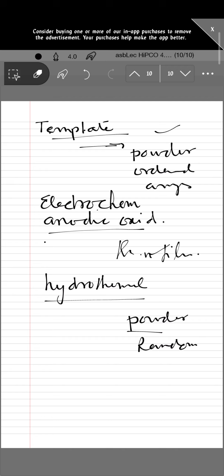Now this hydrothermal is probably the most suitable form of TNT generation, because we have control over the tube characteristics. That means with the help of temperature, time, and the precursor, the length of the TNTs can be varied in hydrothermal treatment.